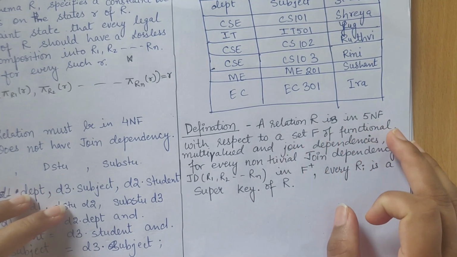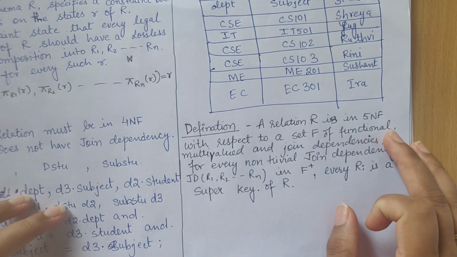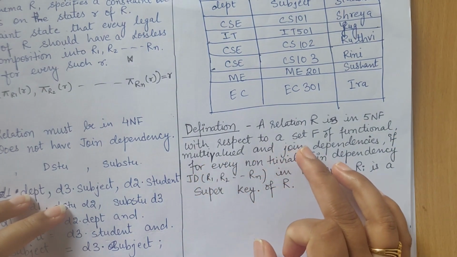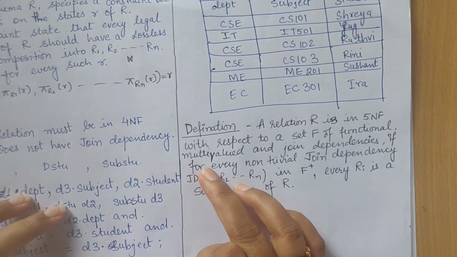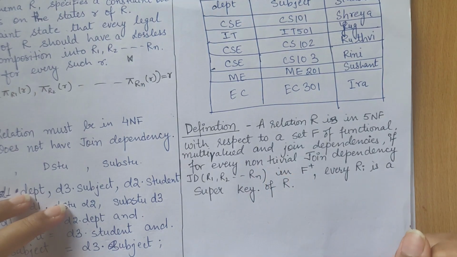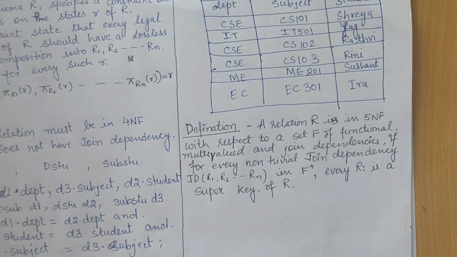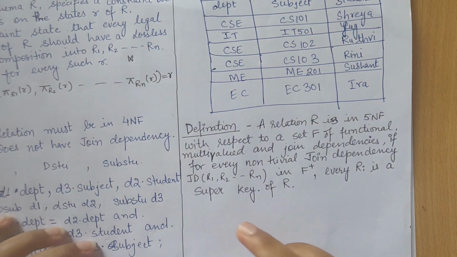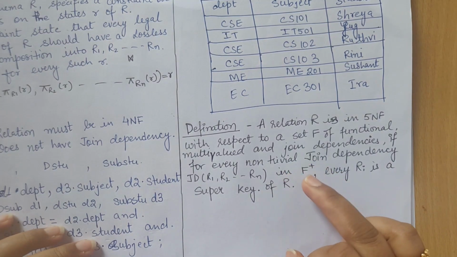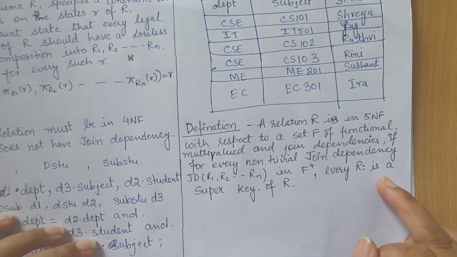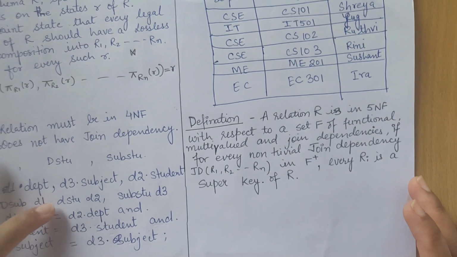A relation R is in 5NF or project join normal form with respect to set F of functional, multivalued and join dependencies if for every non-trivial join dependency in the closure of F, every Ri is a superkey.